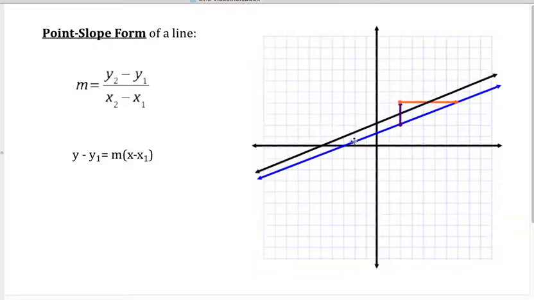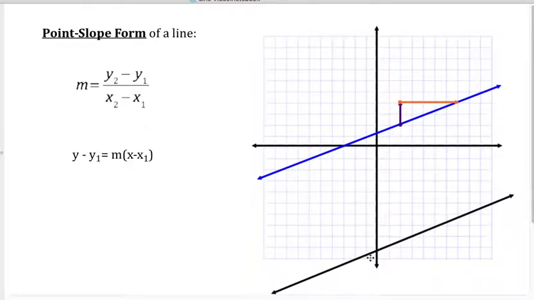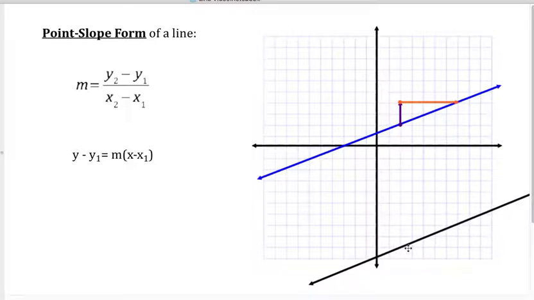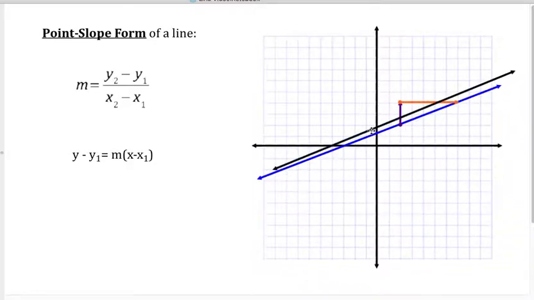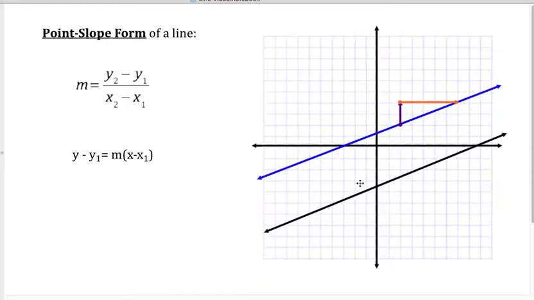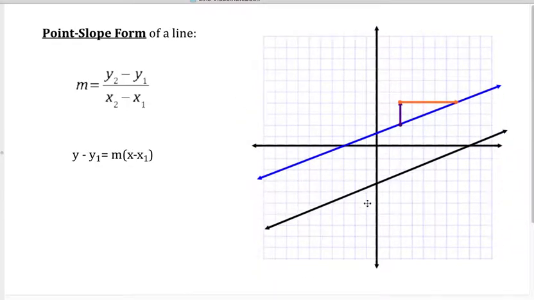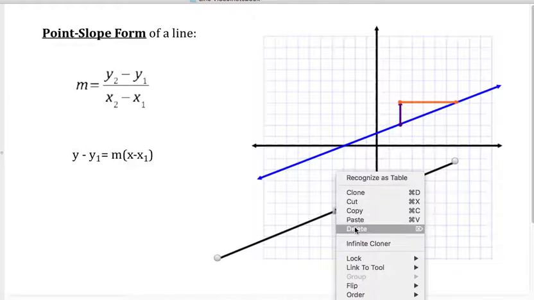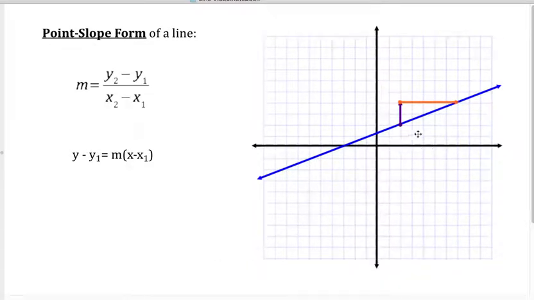Or maybe that line with the same steepness is all the way down here, maybe coming through a point over here. So notice all of these lines have the same slope. They're parallel lines. So they're related, but I would like to fix it. I'd like to know that it's that line in particular that I'm interested in. So I need to also fix it around a point.